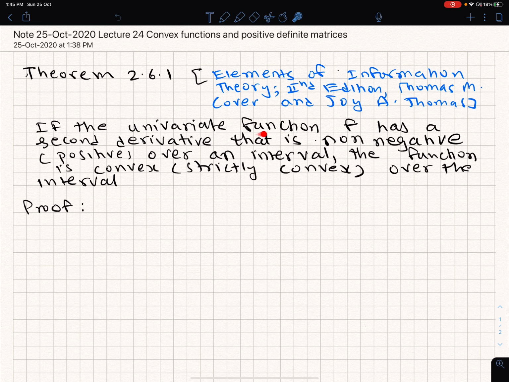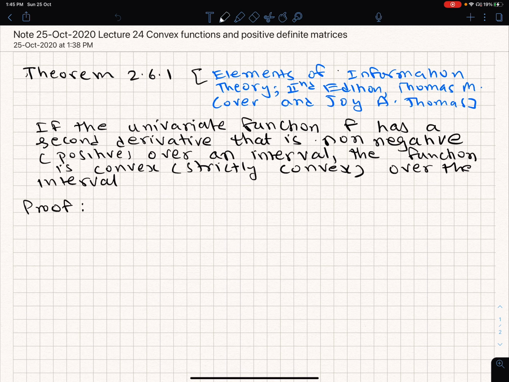If the univariate function f has a second derivative that is non-negative or positive over an interval, then the function is convex or strictly convex over the interval.